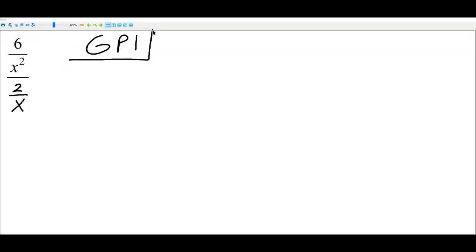Okay, so I'm going to ask you guys what to do first here. So Niana, what's the first step? That's right. We're going to rewrite it as a division problem. So that would be the top one divided by the bottom one.